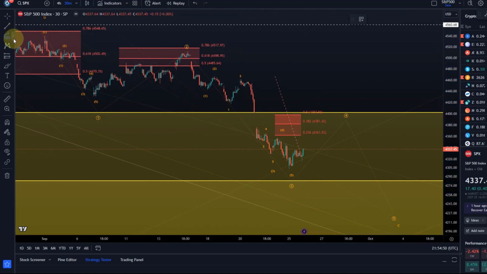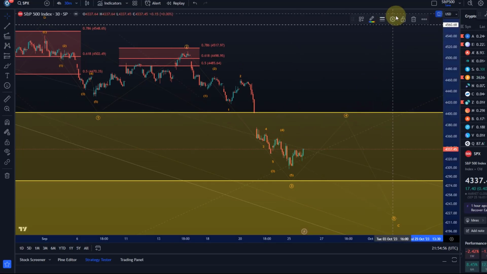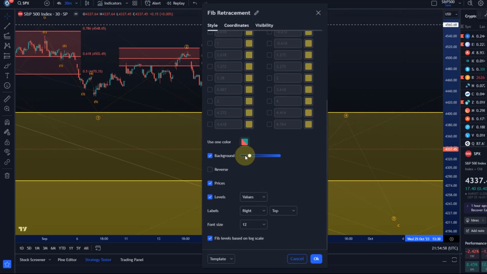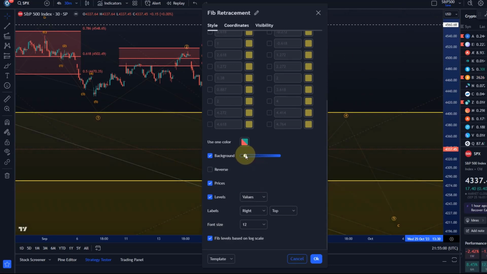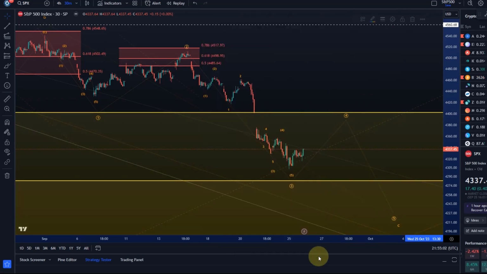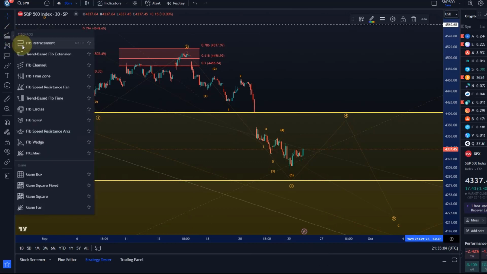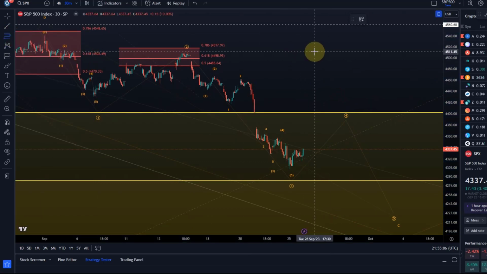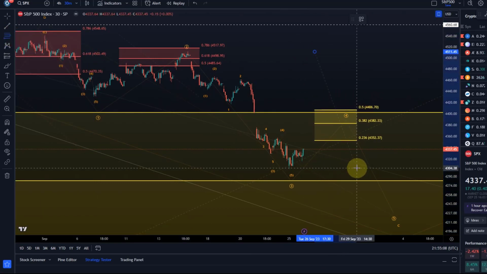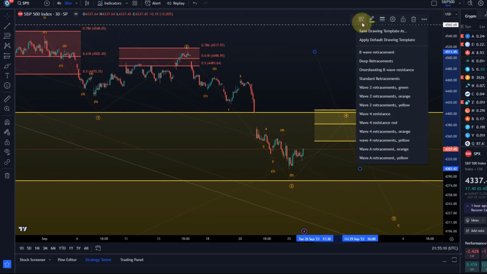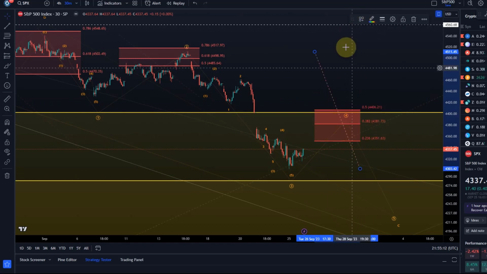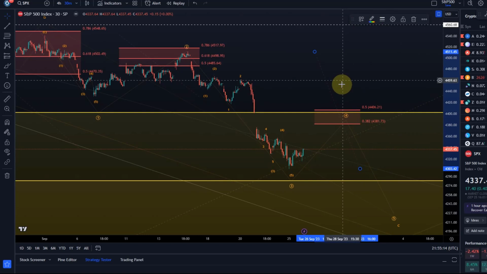Where should the wave 4 go to? I'm going to add resistance now for circle wave 4, just so we see it better. For circle wave 4, we take the length of the third wave, and then we change the color here, and it gives us the resistance area for wave 4.